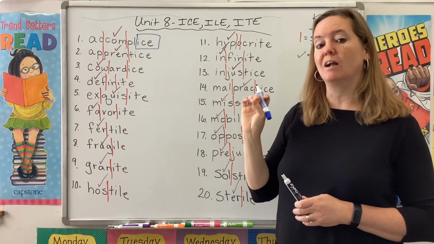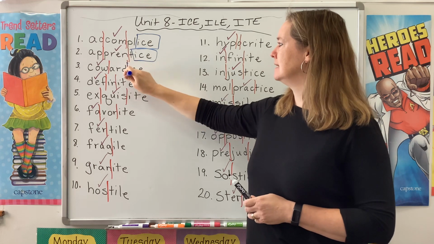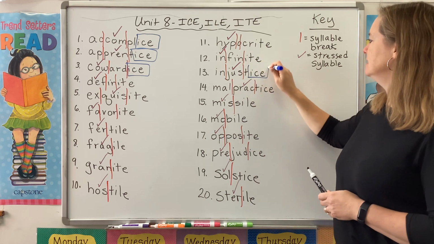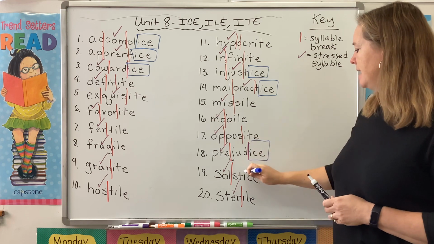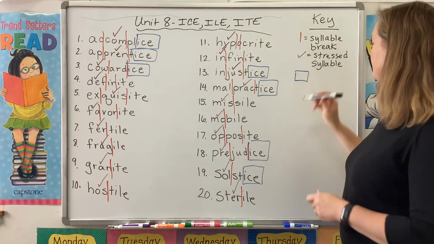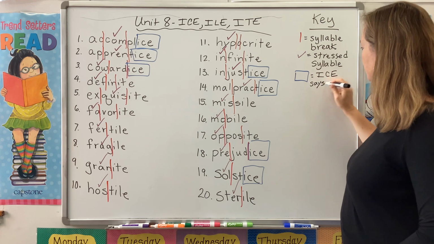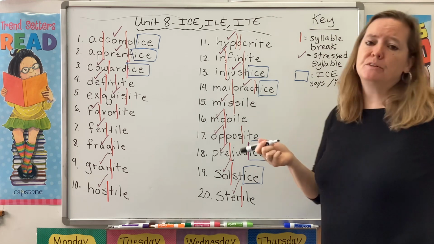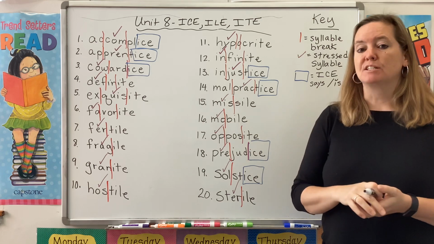It's turning into a short I. So we see that in accomplice, apprentice, cowardice, injustice, malpractice, prejudice, and solstice. In all these words, ICE says "is."